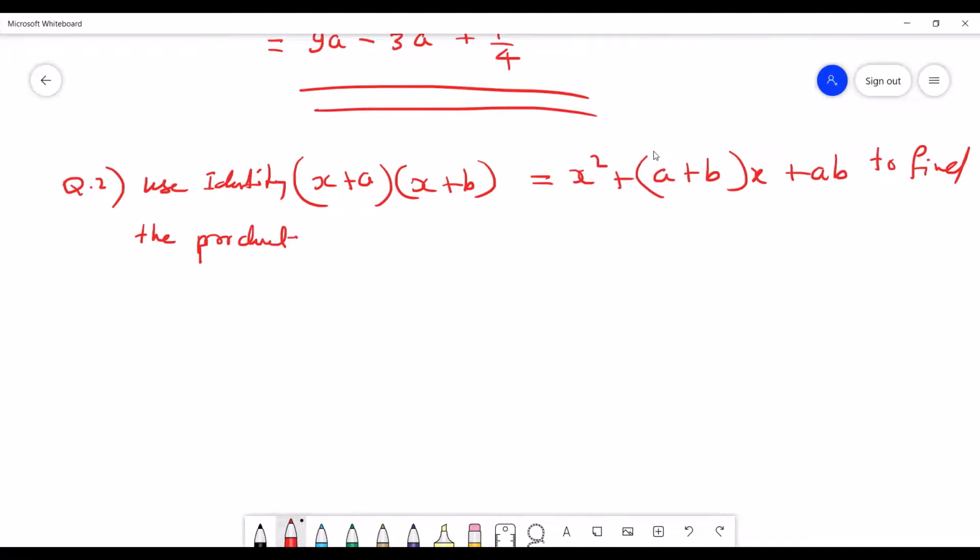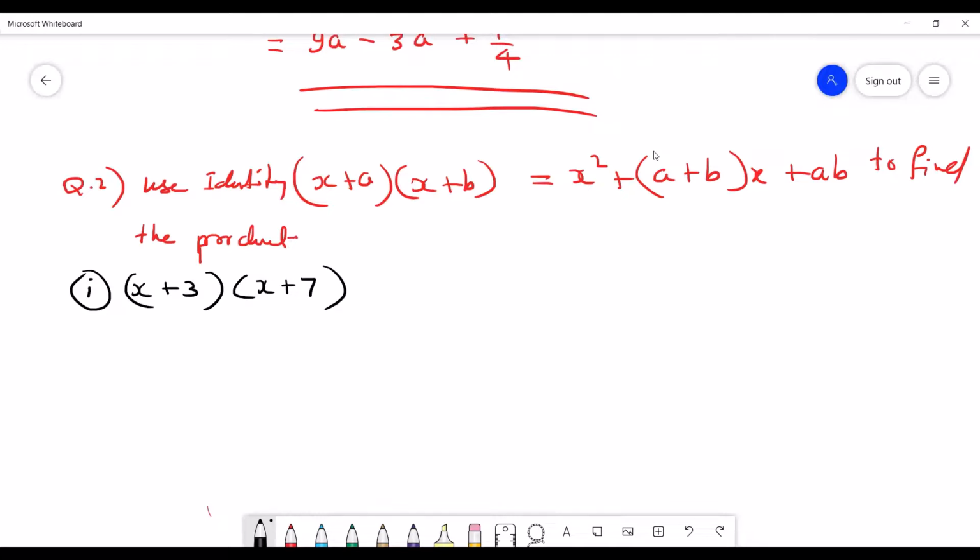So first, I will consider the first question itself. First question is x plus 3 into x plus 7.